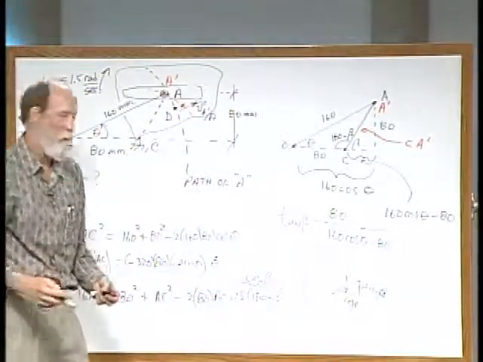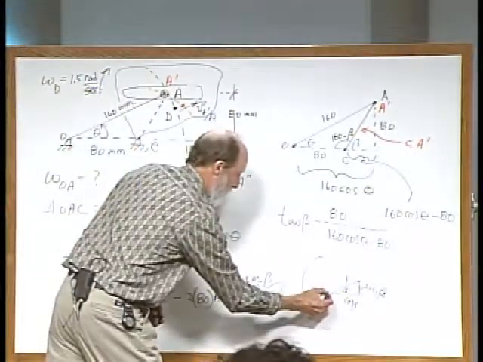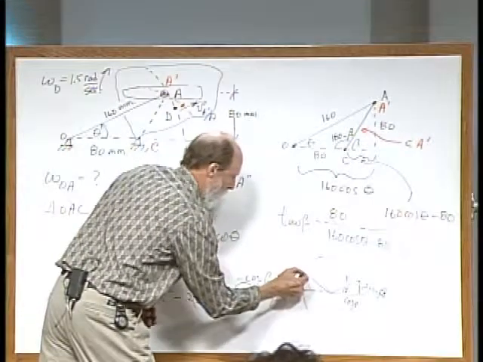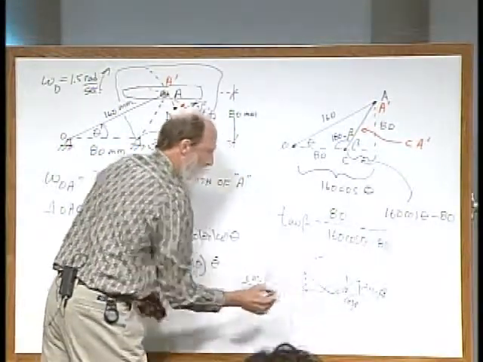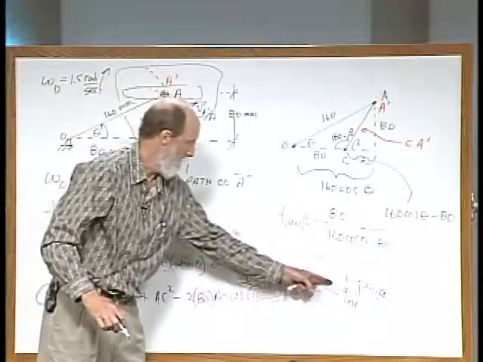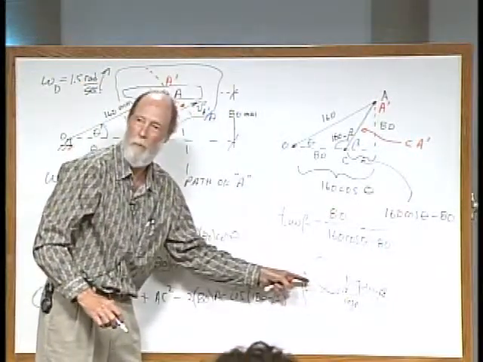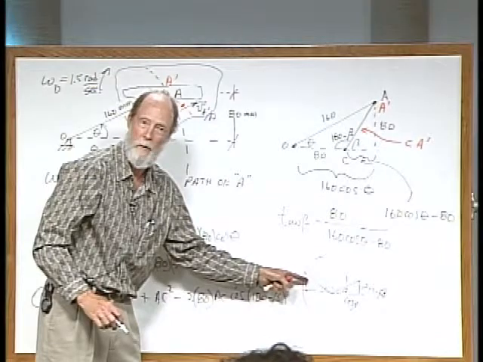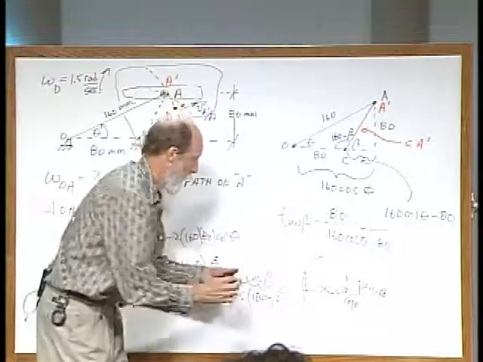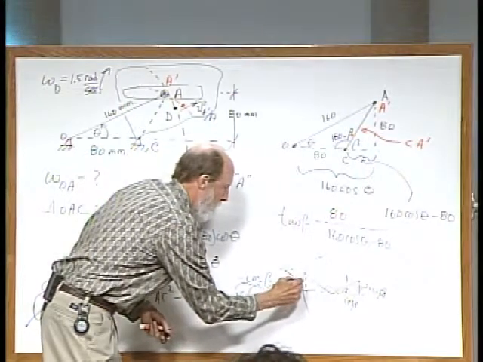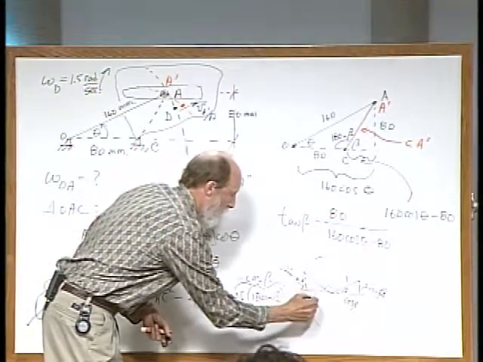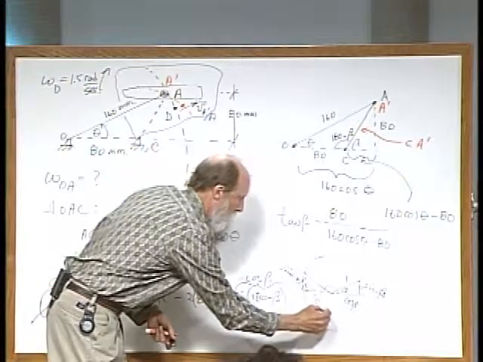If you visualize 180 minus beta, that angle is going to be sitting here. This large angle, right? 180 minus beta. So here's the sine of 180 minus beta, and here is the cosine of 180 minus beta.